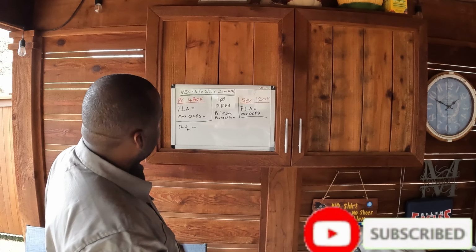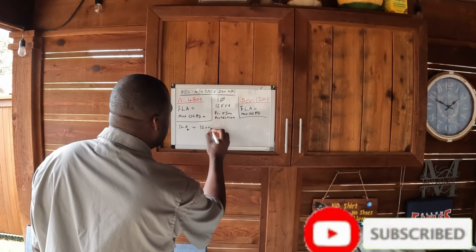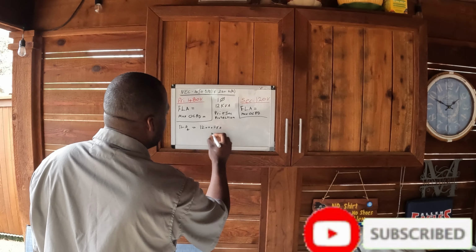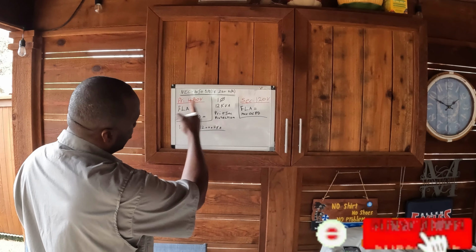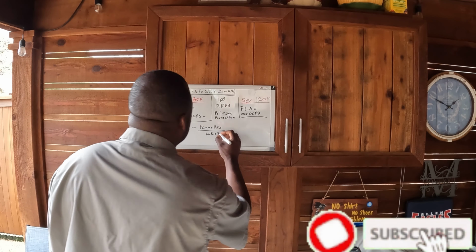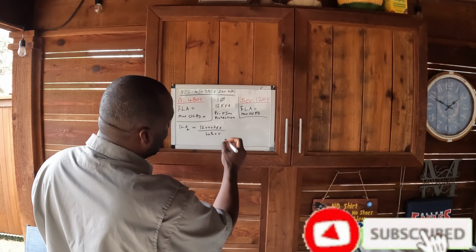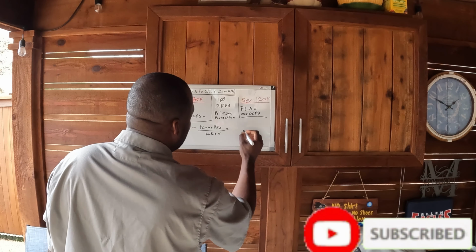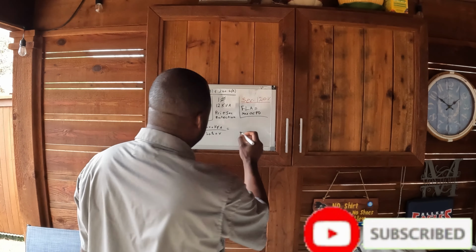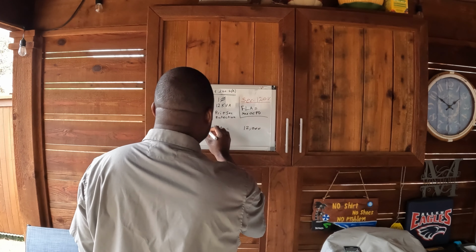It's 12,000 VA, and the primary is 480 V. For the secondary side, it's gonna be the same thing because it's the same transformer, so it's gonna be 12,000 over the secondary, 120 volt.